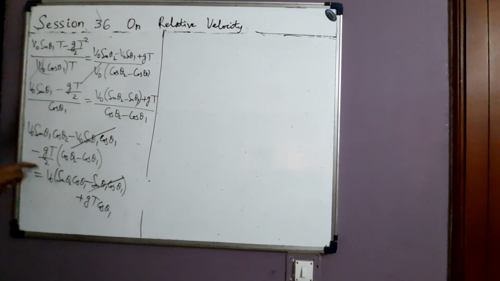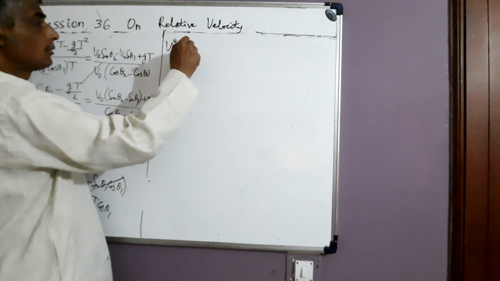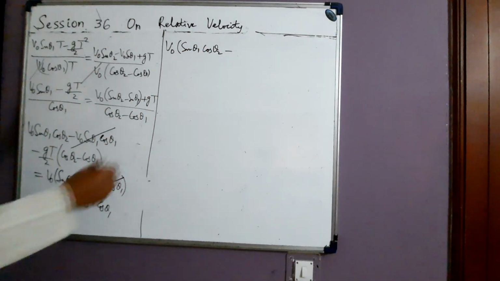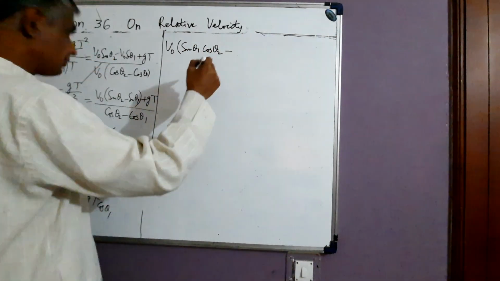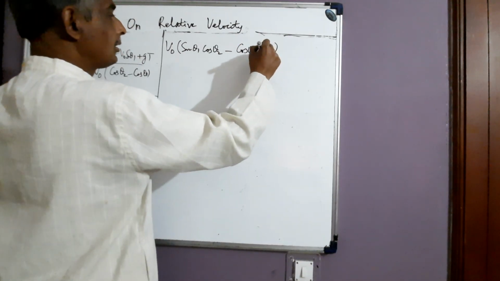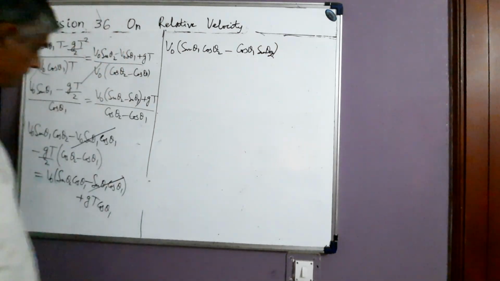So now simplify this. This term will come to this side. So we get V naught sin theta 1 cos theta 2 minus cos theta 1 sin theta 2, equal to this.